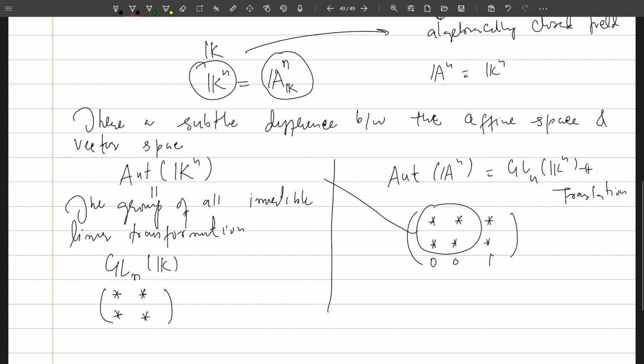So this corresponds to this thing over here, and this thing over here corresponds to these translations, where a vector v is translated to v plus v naught, where v naught is some fixed vector. So the difference, roughly speaking, is that a vector space has an origin, and in affine space we forgot what the origin is.